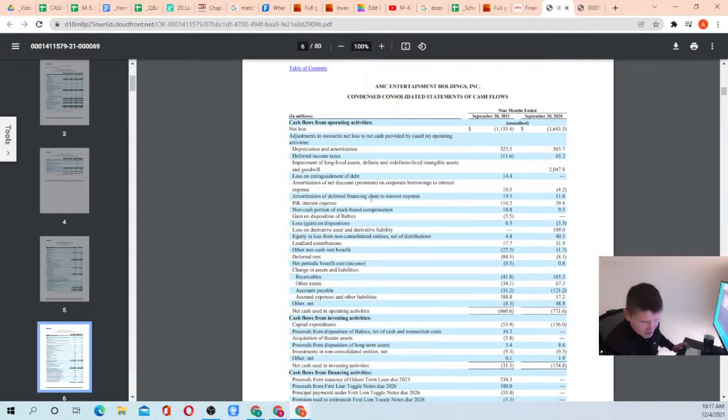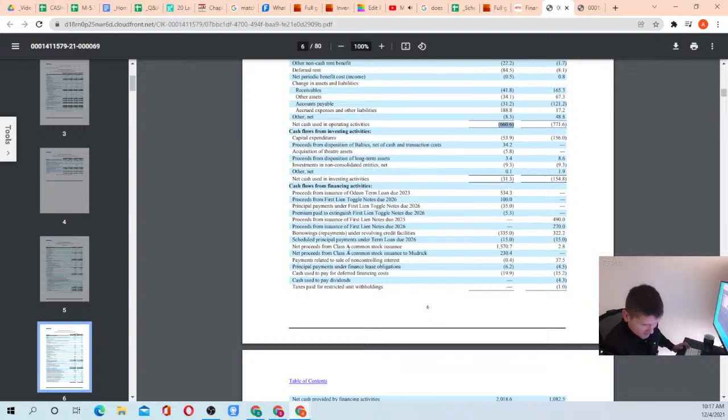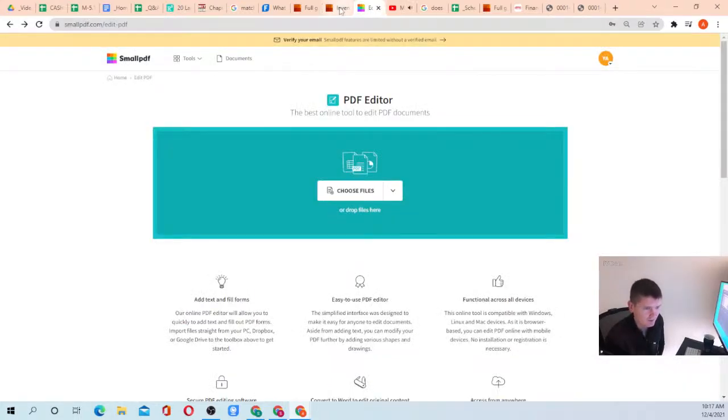They have depreciation, paid-in-kind interest expense, a lot of non-cash stuff. And they ended up with 660 negative operating cash flow. But what happened? They issued quite a bit of stock. They got a new loan for 500 million, but they also issued like 2 billion of new equity. So that's not borrowing, that's equity, but it still shows up in the financing activities. So that helps them to survive.